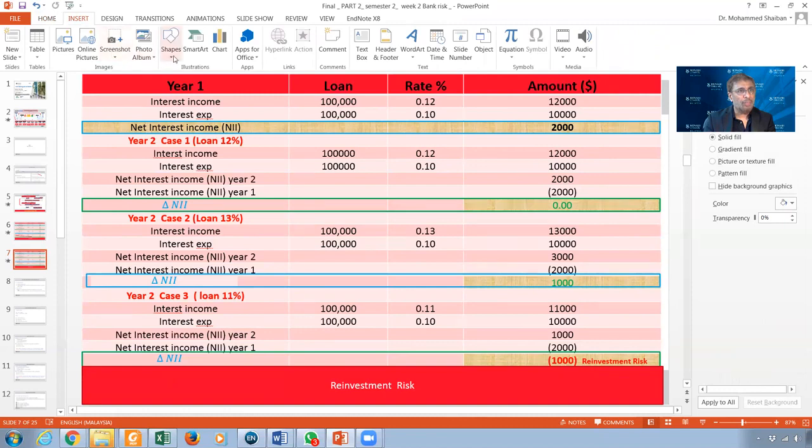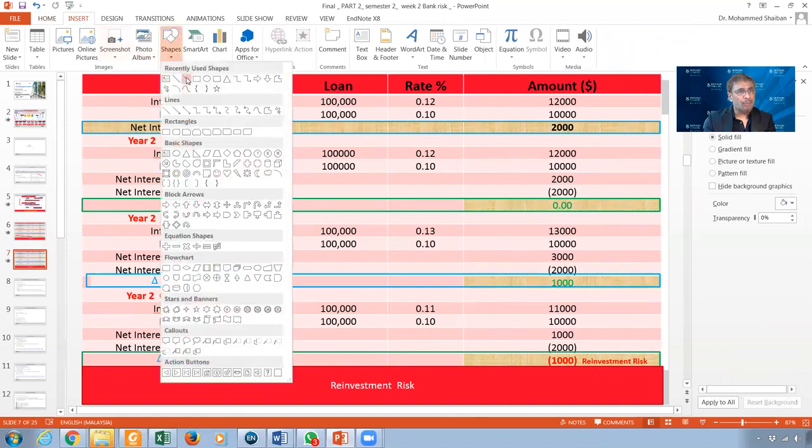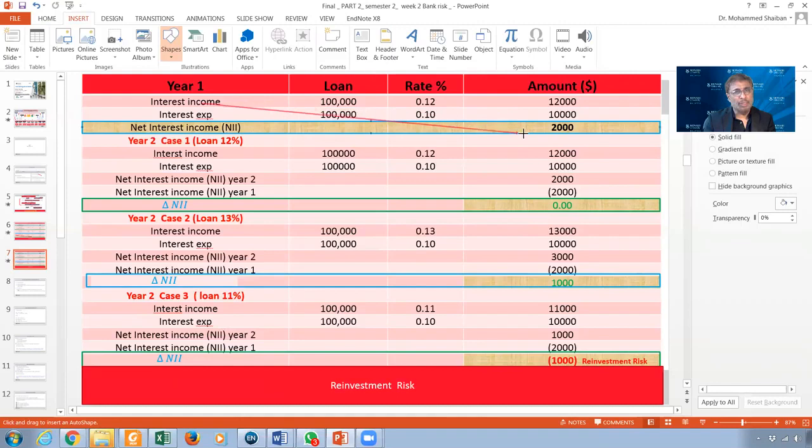Let's go and do the same thing here. So this is the first year, as I told you, I'm getting 2,000. But now what is fixed is actually my deposit. Now I'm having a deposit for 2 years and the loan for 1 year. So the deposit, I will pay 10% the first year, 10% the second year under the 3 cases.